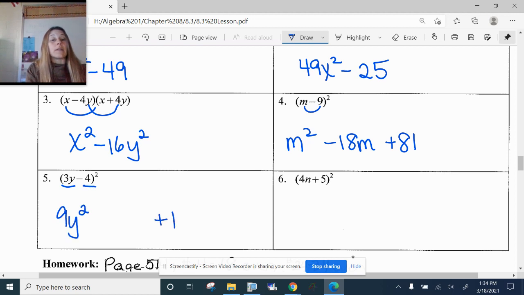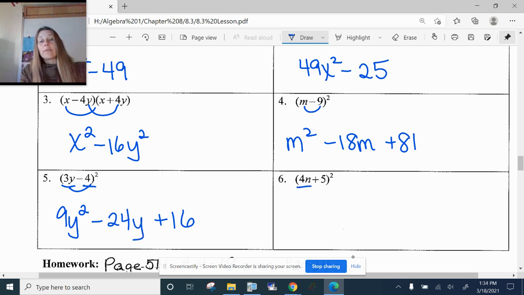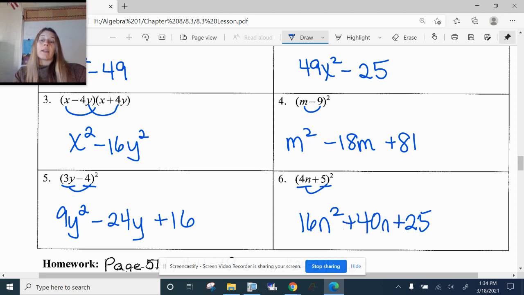Negative 4 times negative 4, positive 16. Multiply those together, you get negative 12y, double it, negative 24y. Last one, 4n times 4n is 16n squared. 5 times 5 is 25. Multiply them together, you get 20n, double it, 40n.